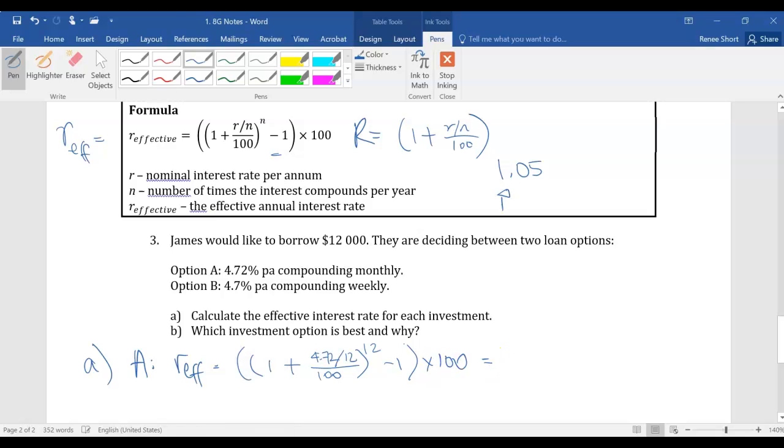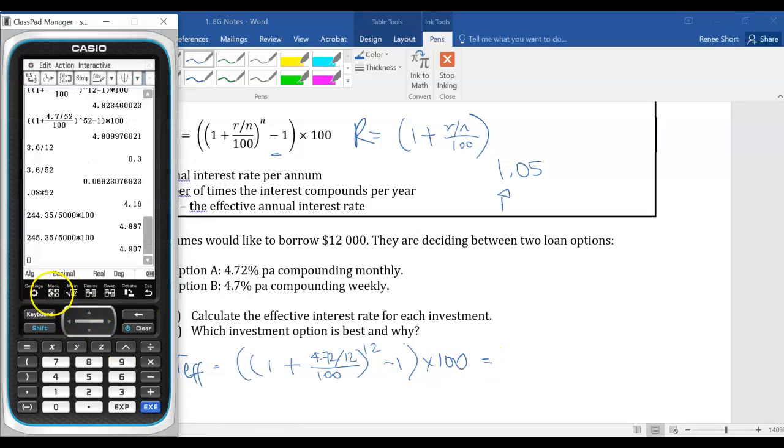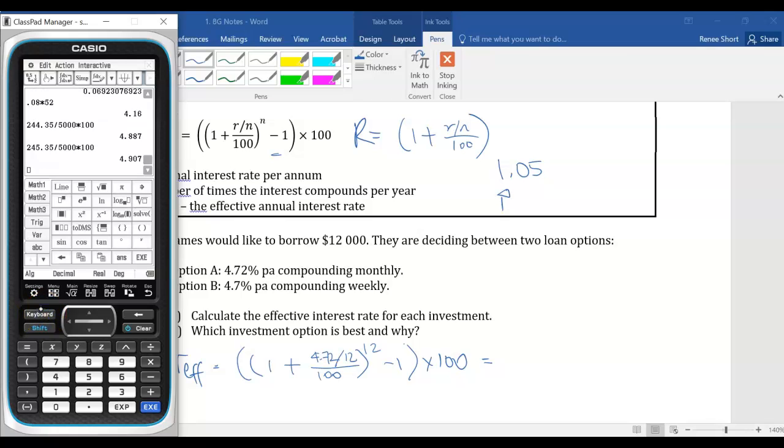I need to type this into the main menu of my calculator, and it's really important that I type this accurately, and so use my brackets and the fraction function that's in the keyboard as well.